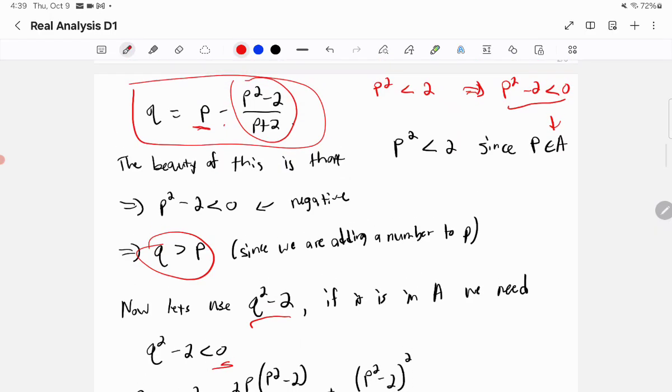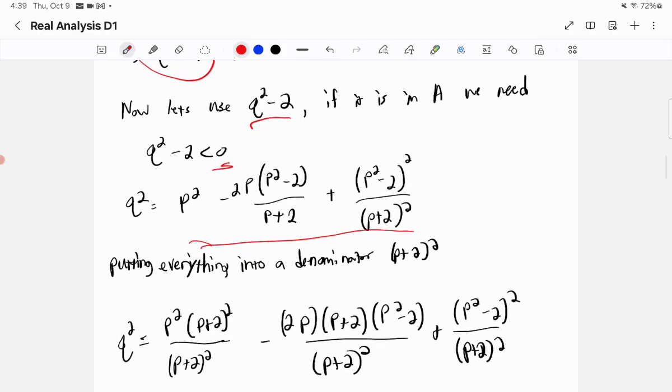So basically, I'm just taking P as the first term, and this other thing, P squared minus 2 over P plus 2, as the second term. And if I square everything, then I get all of these terms. Looks pretty ugly because it is.